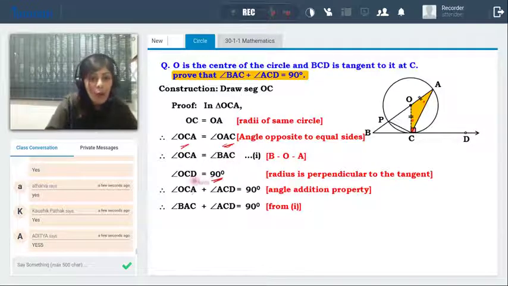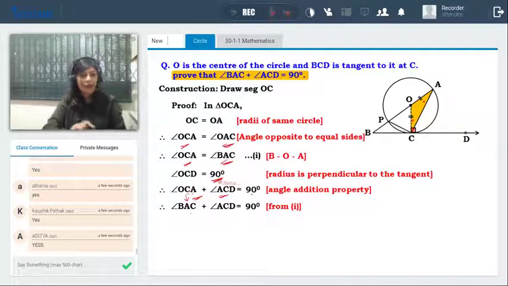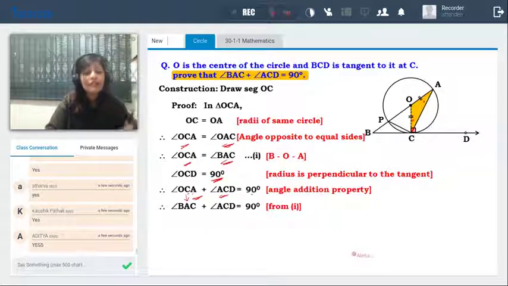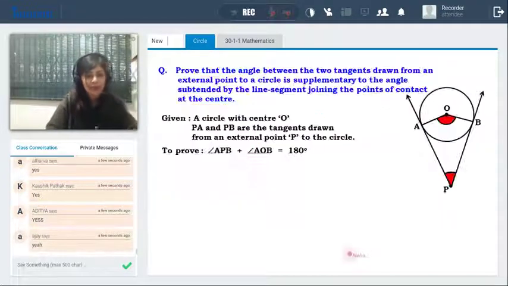So OCA plus ACD is 90, and we already saw OCA and BAC are equal, so instead of OCA, we have just replaced OCA with BAC. Whenever you get a sum, try to break the sum into bits and pieces that you already know.